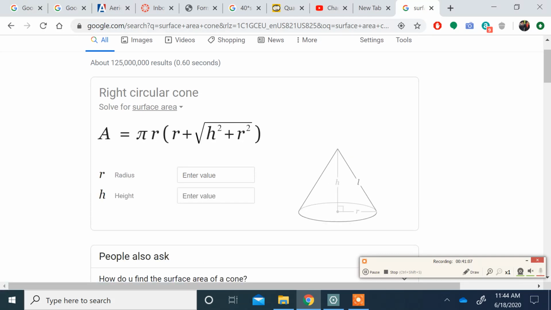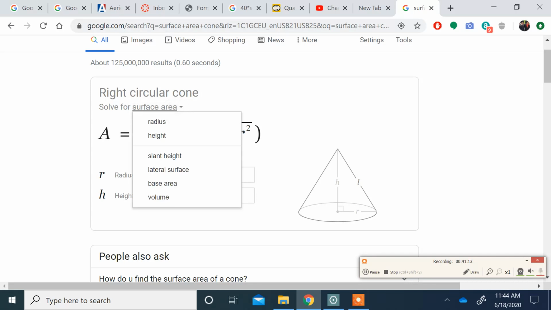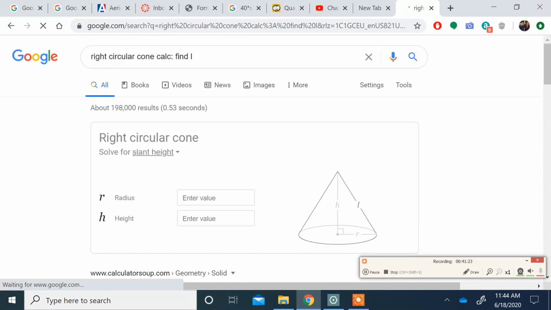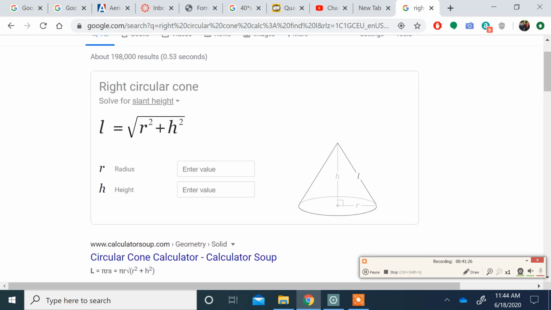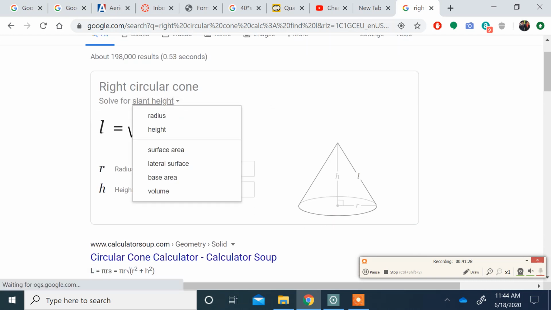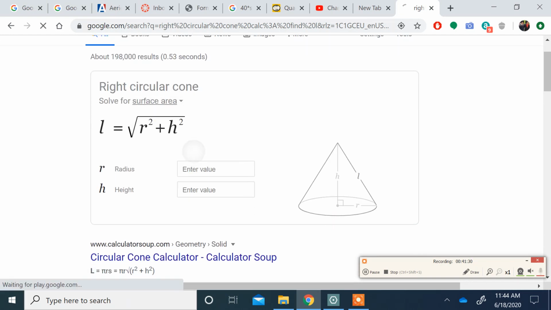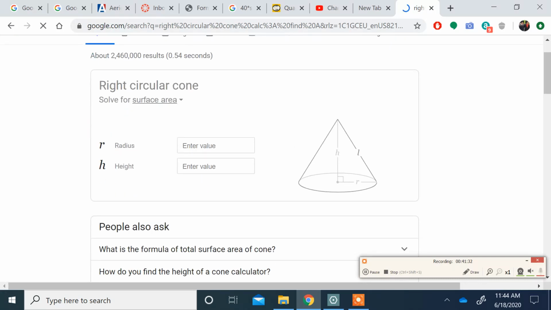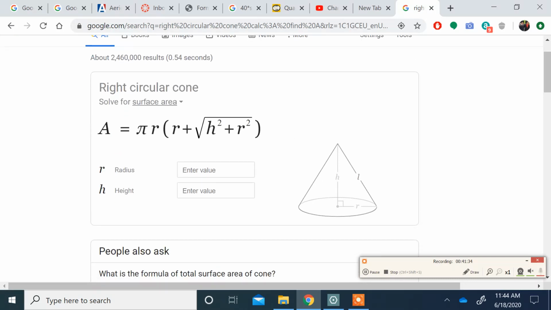This is the area. So the radius, okay, in here we don't have, so you can click here, solve for, but you need this slant height on here. So in here you can't really use this one that much, but you already know what it is.